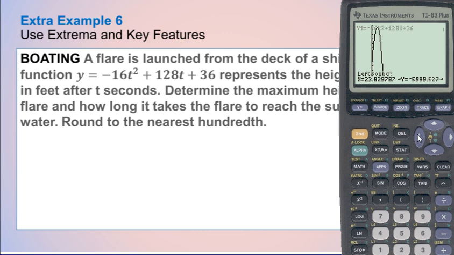Have to go the other direction. Okay, left bound. I'm on the left side now. Hit enter. Go to the right side. Hit enter. Enter a third time. So our maximum height is 292 feet.